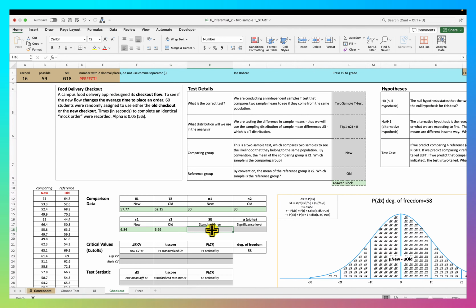And so our standard error is going to be, as you see here, the square root of, effectively the average of those two standard deviations, each one divided by their sample size.